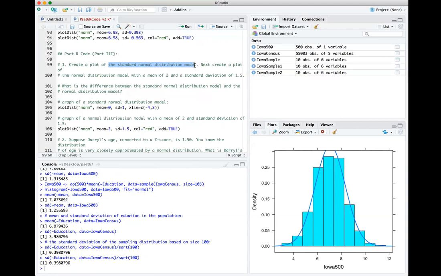Normal not because it is normative, but because it is bell curved. Distribution model because it's based on a hypothetical number of distributions. And these have basic characteristics. The graph of the standard normal distribution model can be run using the plot dist function, but it is characterized as having a mean of 0 and a standard deviation of 1.